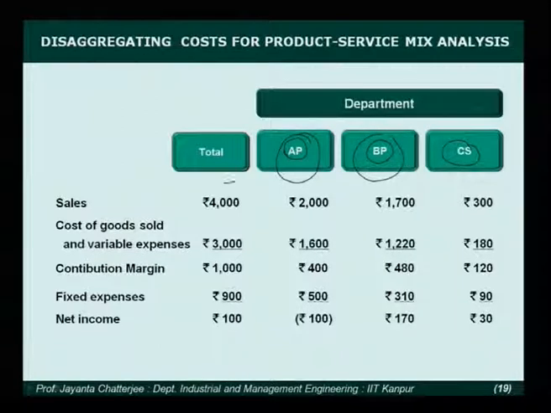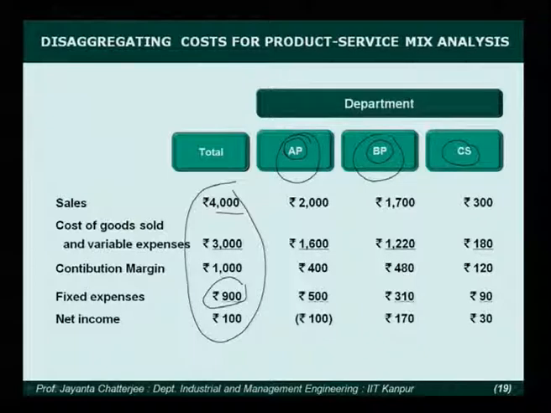Now if we look at the total sales data, then it tells us that the sales is 4,000 rupees and cost of goods sold is 3,000, contribution is 1,000, and if there are fixed expenses like rent, salaries and so on, then we can say the net income is 100.